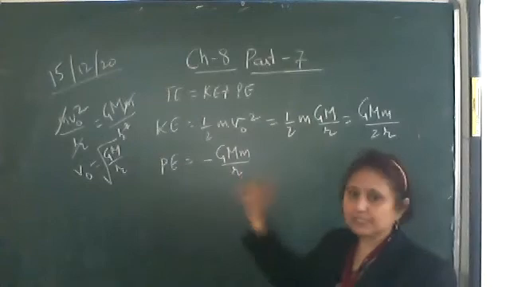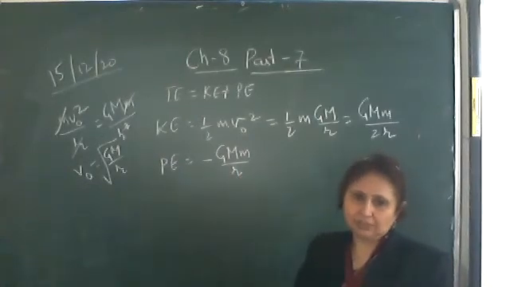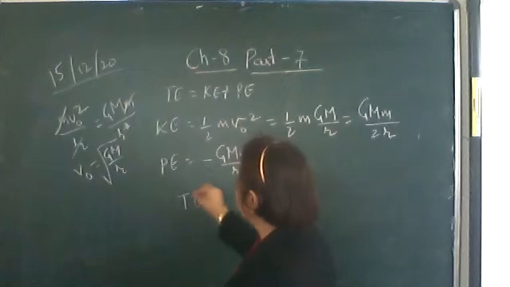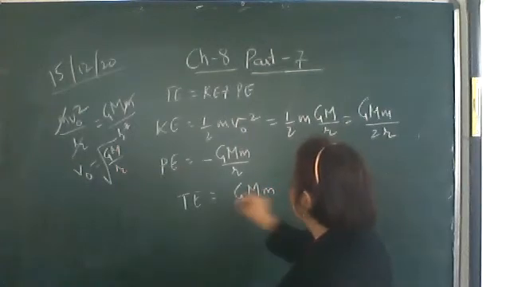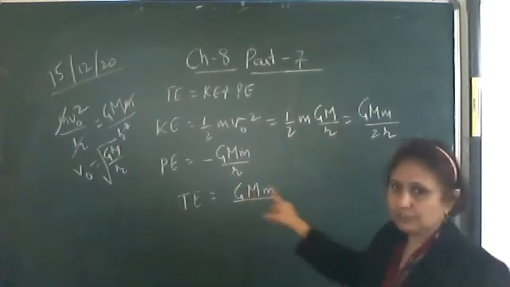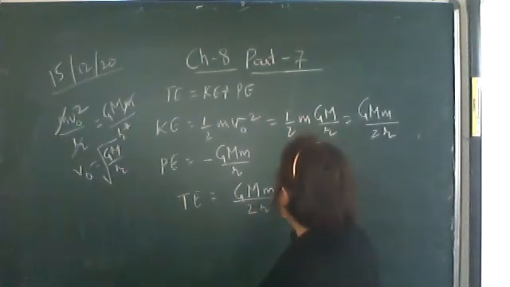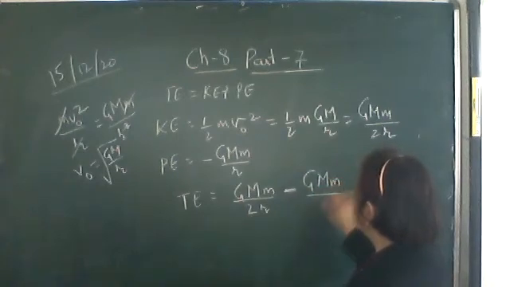So this is the expression of the potential energy, and the total energy is the sum of kinetic and potential energy. So the total energy of the satellite: kinetic energy is GMm upon 2r, where capital M is the mass of the Earth and small m is the mass of the satellite, minus GMm upon r.